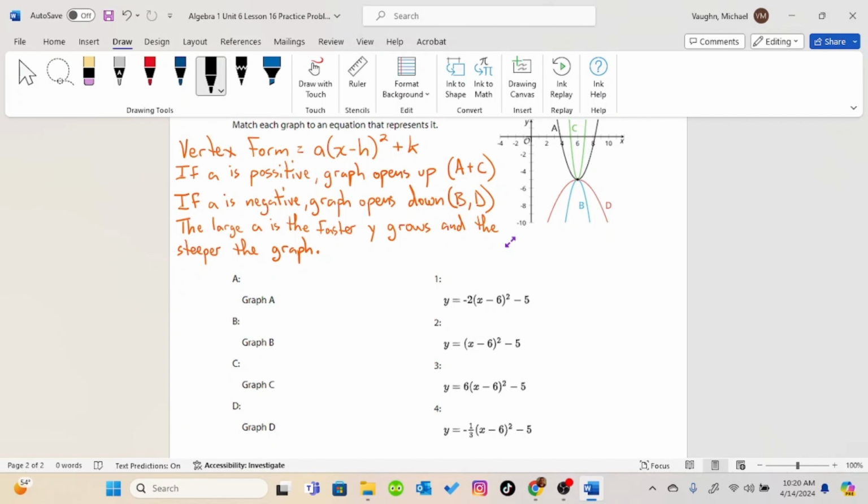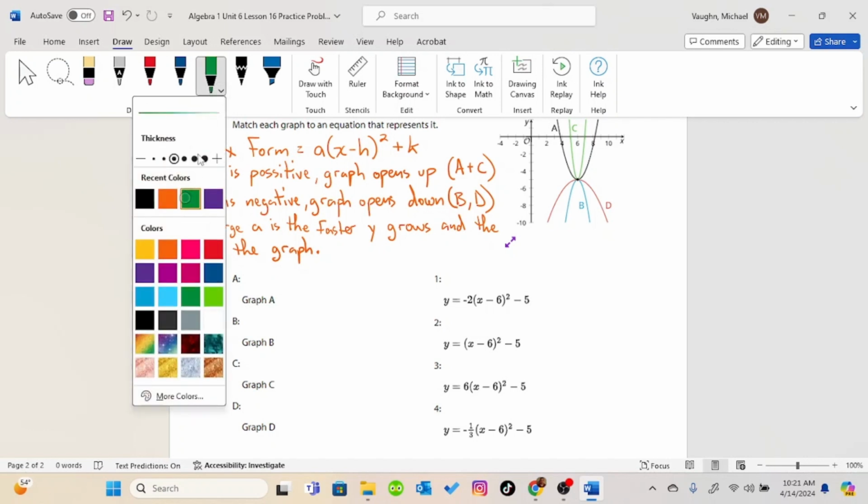So A and C match with 2 and 3. In 2, our a is 1 over 6. Since C is steeper, it must have the bigger a value.